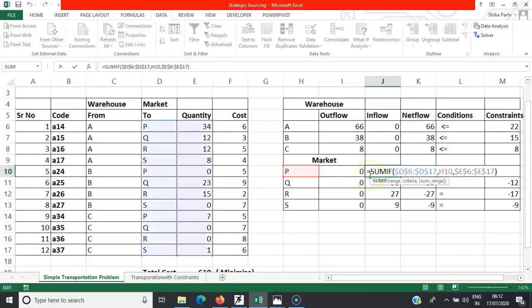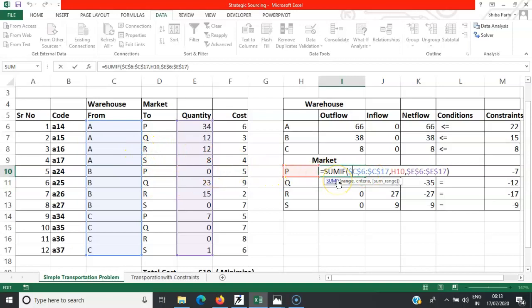So similarly, SUMIF we calculated for the market points, for P, for Q, and so on. Can you see the dollar symbol is given to make them constant. So here these dollar symbols are given to keep them constant.